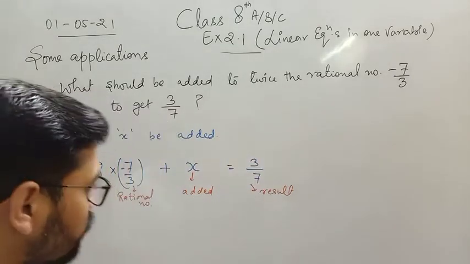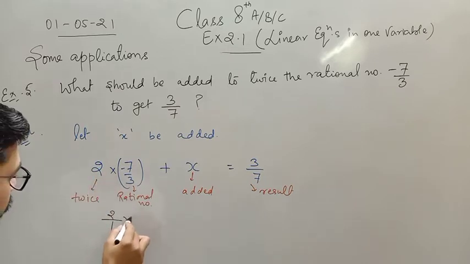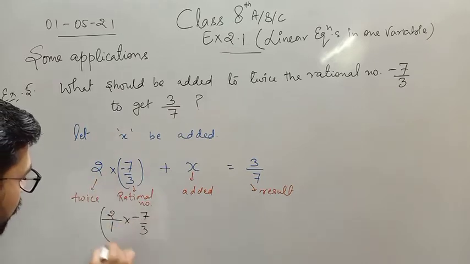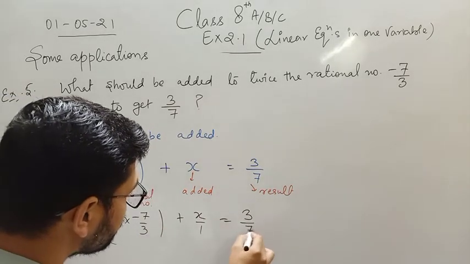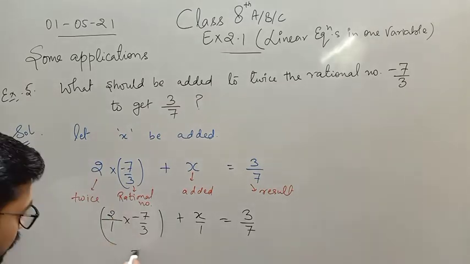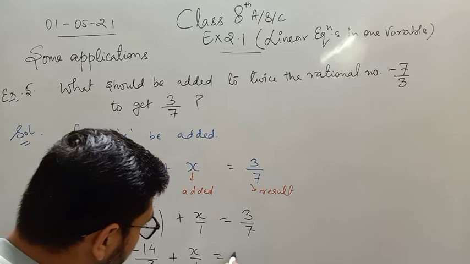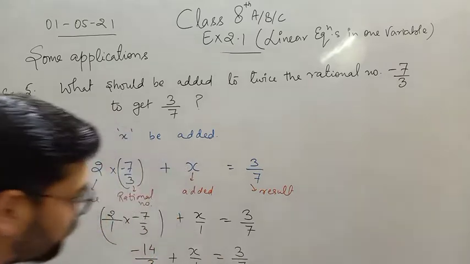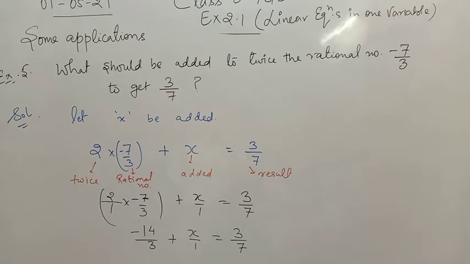3 by 7. Now solve this question. So this can be written like this: plus x is equals to 3/7. 2 7s are 14, divided by 3, plus x upon 1 is equals to 3/7. Any doubt in this?